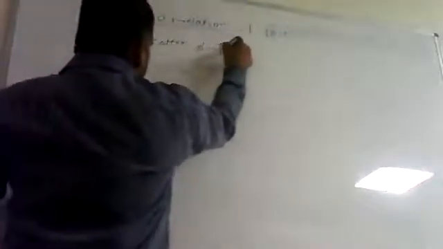Methods to study the correlation coefficient. First method is scatter diagram.